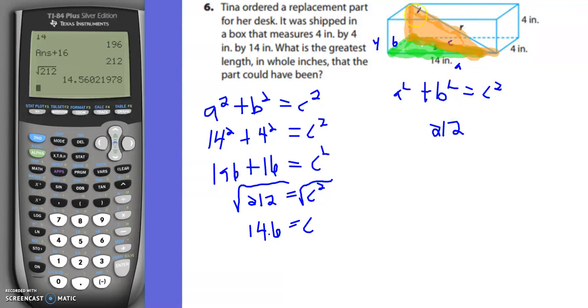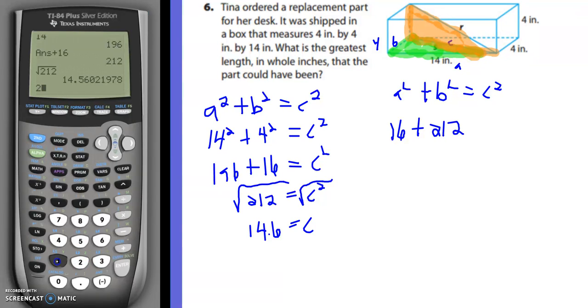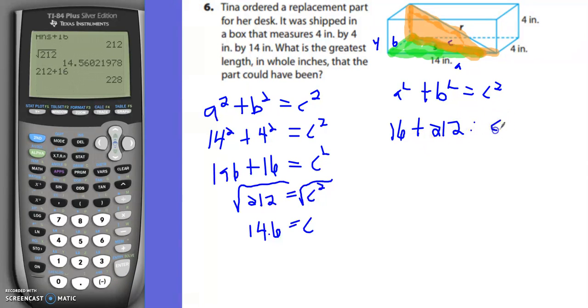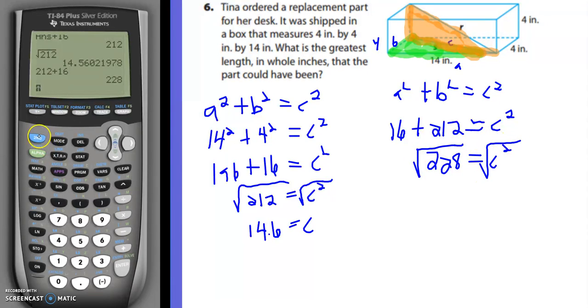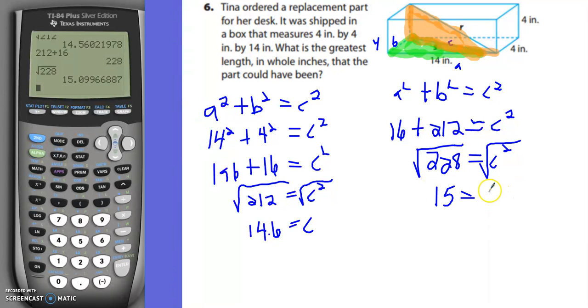And this height is this 4 right here. So 4 squared is 16. 16 plus 212 is going to be 228. Find the square root of both sides. So the square root of 228 is about 15 inches.